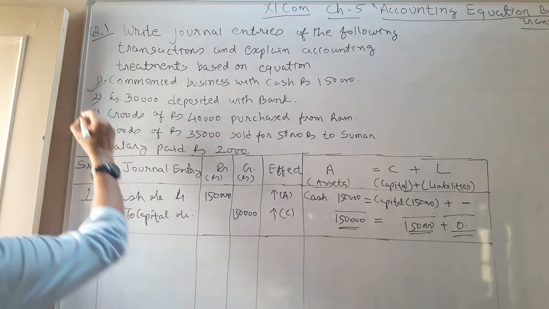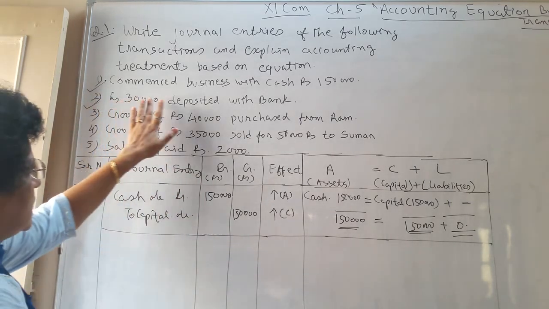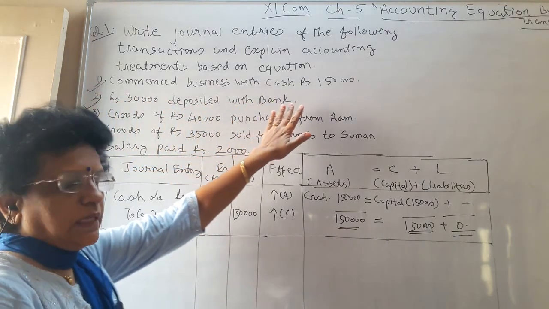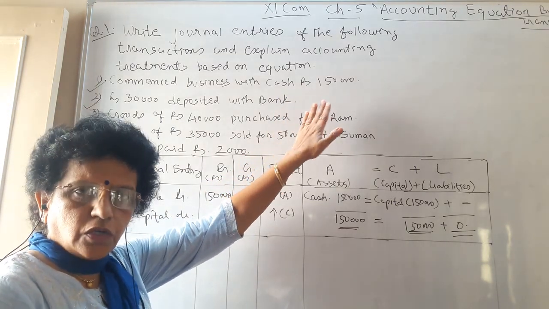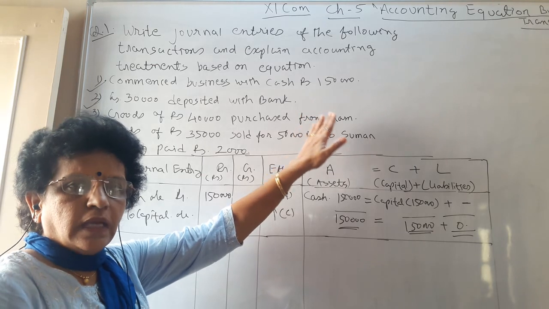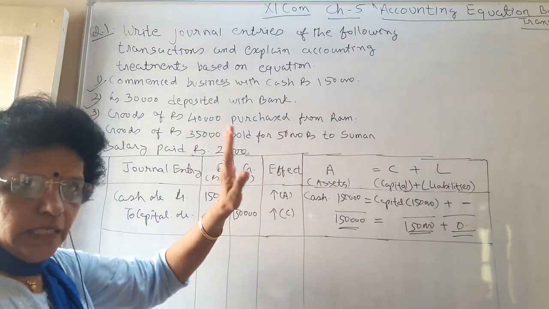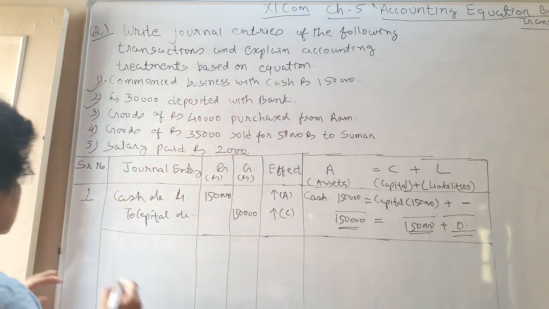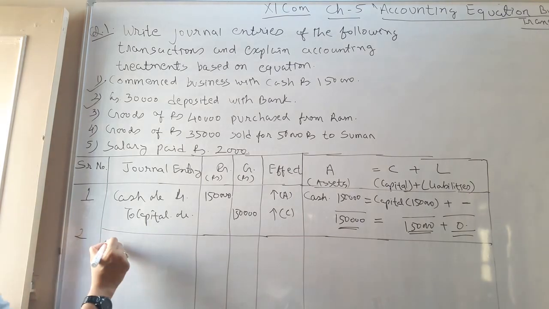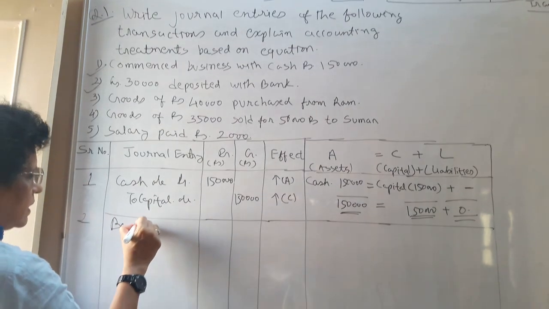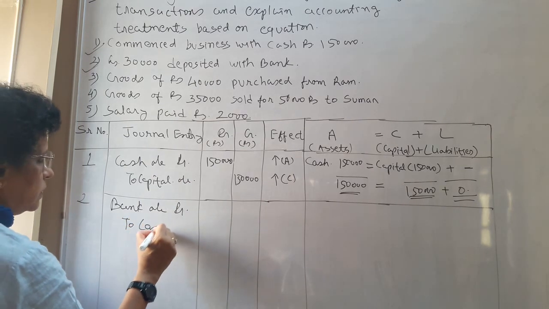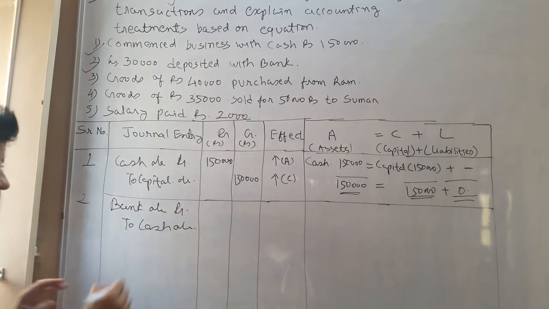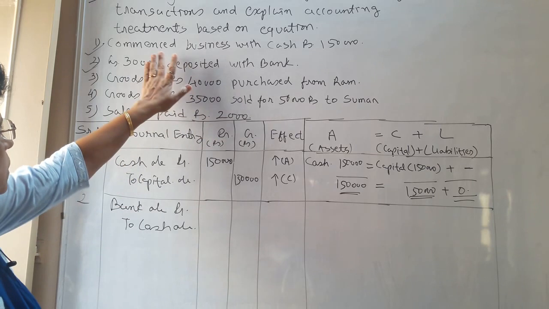Now let us do the second: rupees 30,000 deposited with bank. You may have opened an account or you may have an existing account and you are depositing money. Here the bank is the receiver. So the second journal entry: bank account debit to cash. Cash goes out, because when you deposit money, cash goes out.